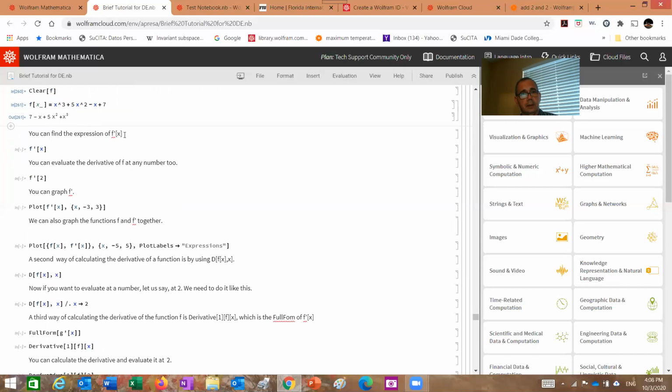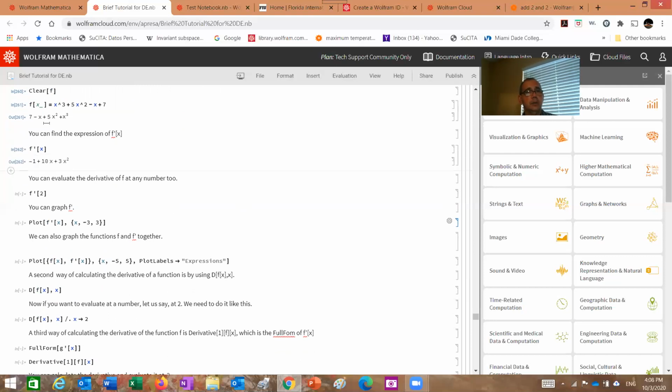And now, what is the derivative? You can find the derivative just by using this notation, which is very similar to the notation we use in mathematics. You press enter and you get a new function whose expression is exactly the derivative of this polynomial. You can check that.